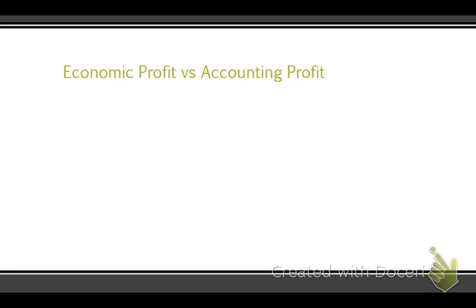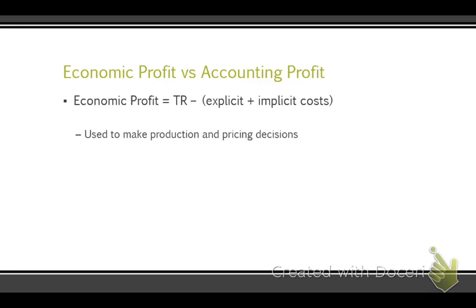Accounting profit versus economic profit. Economic profit is your total revenue minus your explicit plus implicit costs. Minus both kinds of costs.